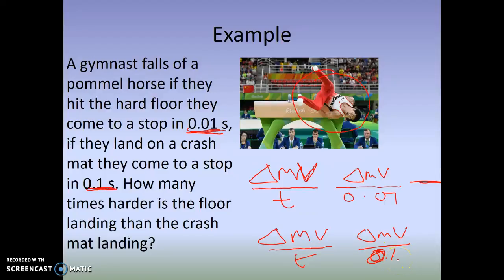Dividing by 0.1 is the same as multiplying by 10. Dividing by 0.01 is the same as multiplying by 100. So that force will be 10 times greater than that force. When you hit the ground without the crash mat, the force exerted on you is 10 times bigger than the force exerted on you when you hit the crash mat. Hence, we have crash mats at gymnastics.